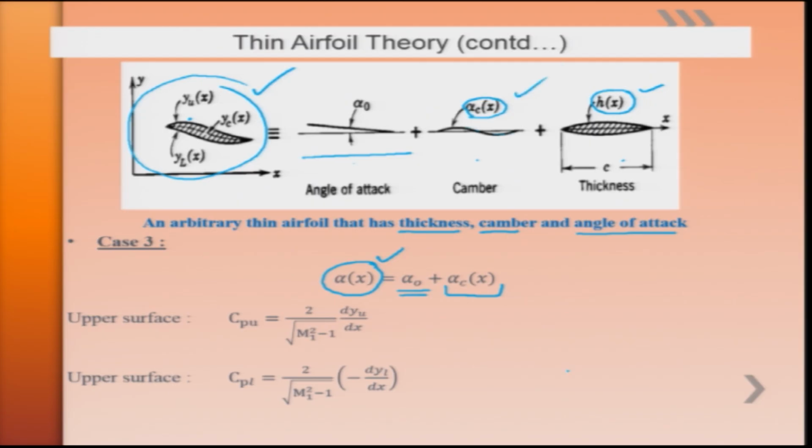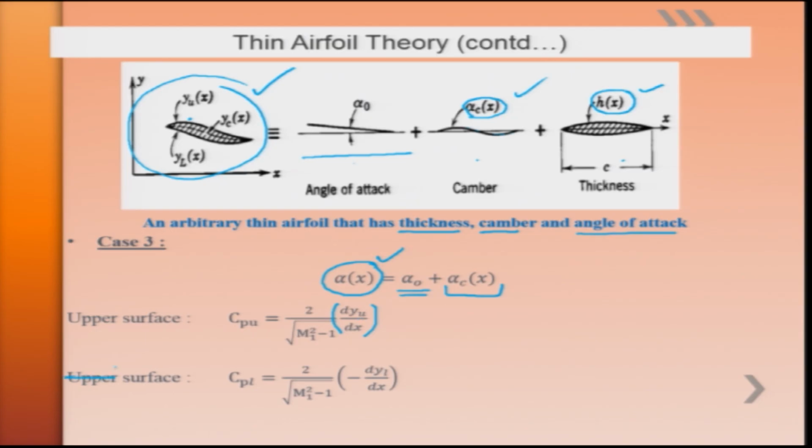Now, for the upper surface we can write down Cpu, using again the Cp formula, as 2 times theta upon square root of M1 squared minus 1, where theta is replaced by the gradient, the slope dyu by dx. For a small slope, theta can be directly written, rather than tan theta, as dyu by dx.